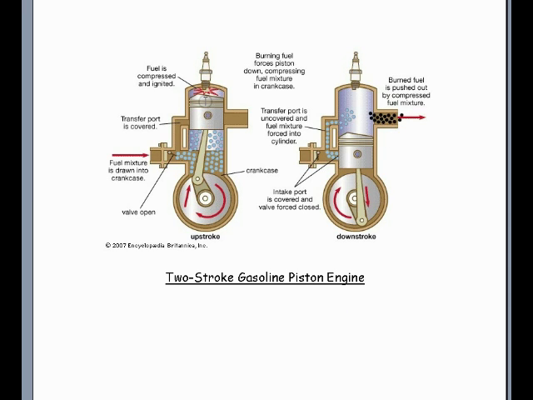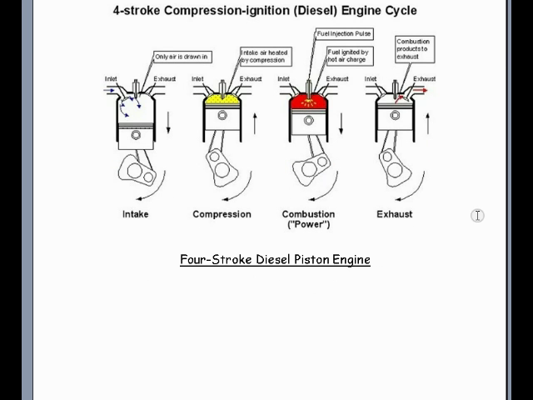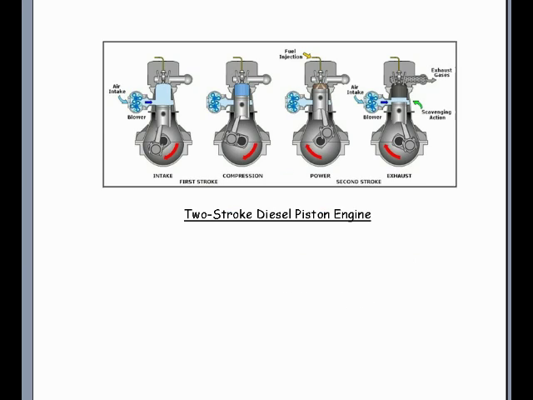Upstroke is the compression and ignition. 4-stroke diesel heat of air compression is air intake, heat of air compression, fuel injection, power, and exhaust. And the 2-stroke diesel piston engine is power, air intake, exhaust on the downstroke, heat of air compression, and fuel injection on the upstroke.